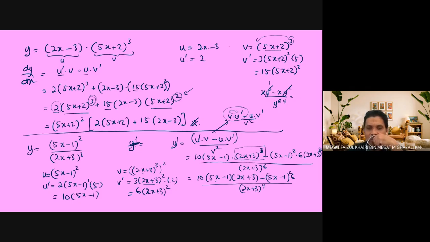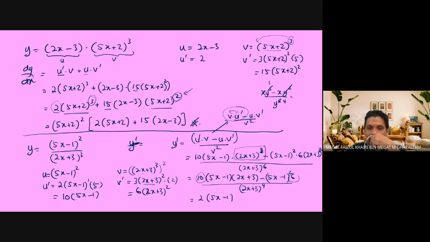Okay, and we still have 10 and 6. We divide by 2, it will leave you 5 and 3. And then (5x minus 1) and (5x minus 1) squared. We can still factorise. So take out 2, and then (5x minus 1).